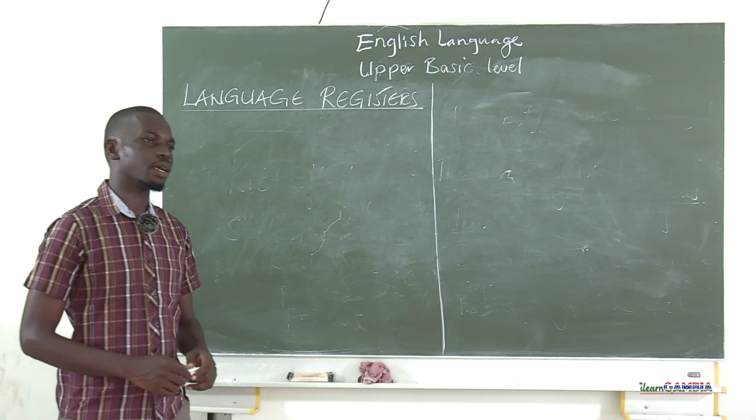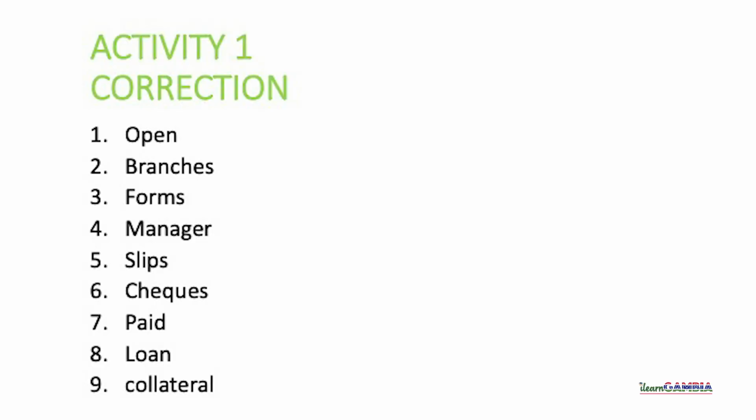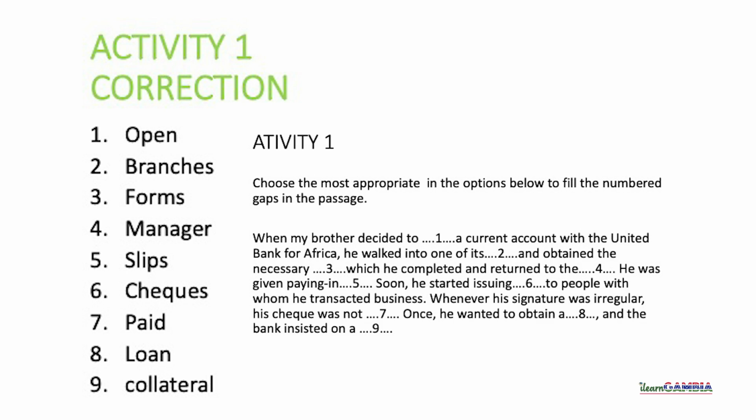Good. This is the correction of the first activity. So you check these answers against the answers you have. If you have any different answer, then you can change it. The first answer is open: you open an account, you go to the branch, collect the forms, submit them to the managers.